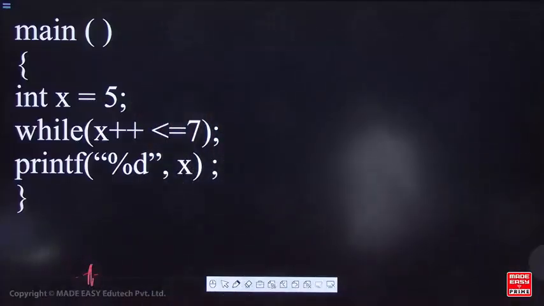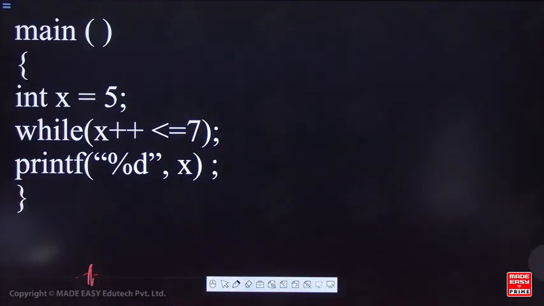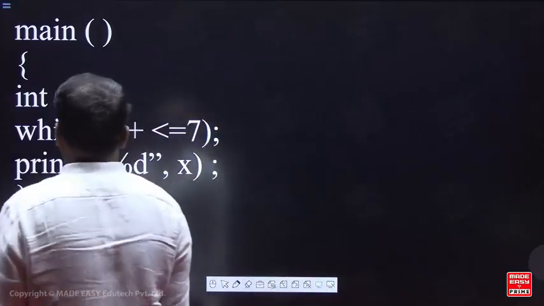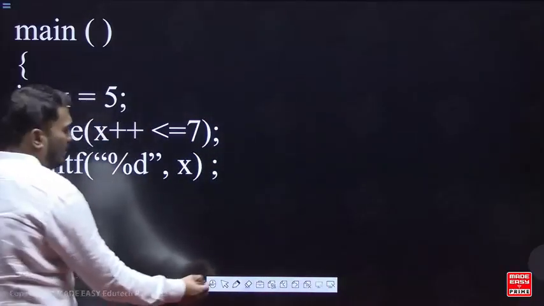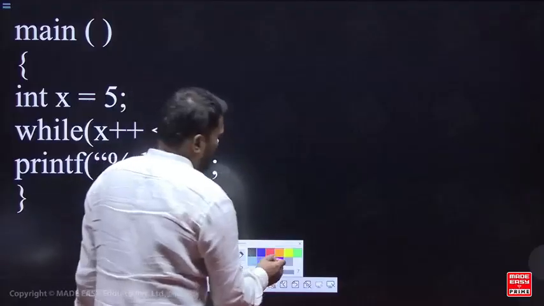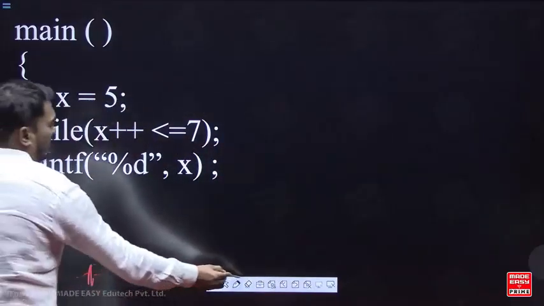Many people are giving wrong answer. Just re-verify your answers. So many people are giving wrong answer, and different people are giving different answers also, right?